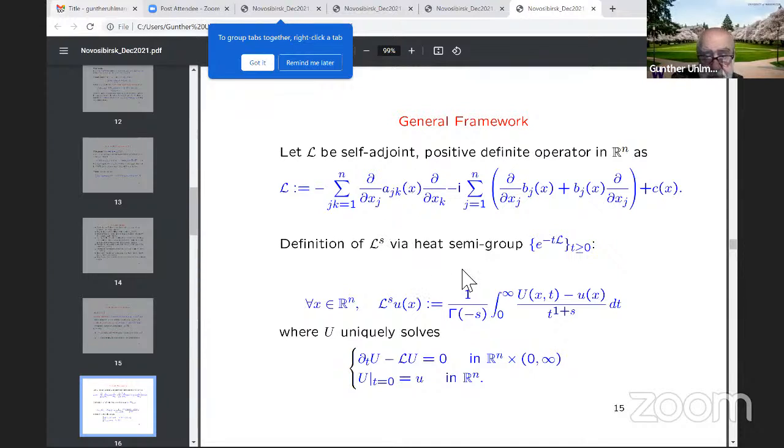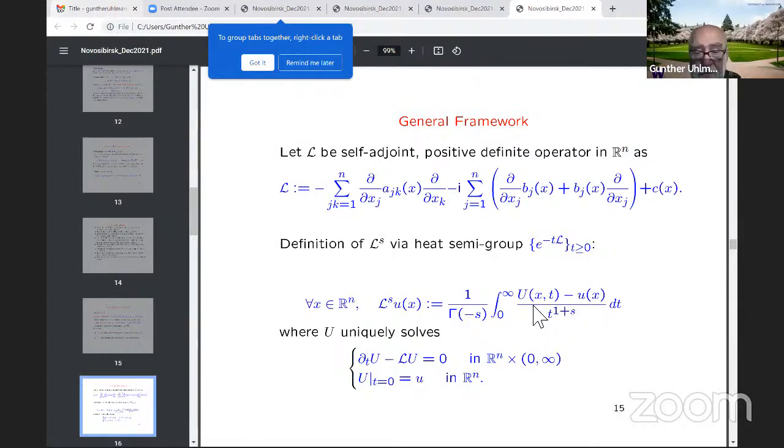And this can be defined using the heat semigroup. This can be proven using the spectral theorem. You can also use the wave equation. The heat equation is very appropriate in this case. So the fractional operator is, you divide by the gamma function of minus s, the solution of the heat equation minus the identity applied to u, divided by some power.